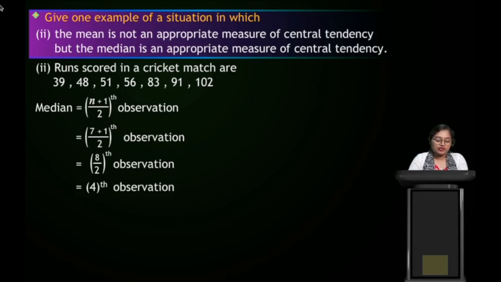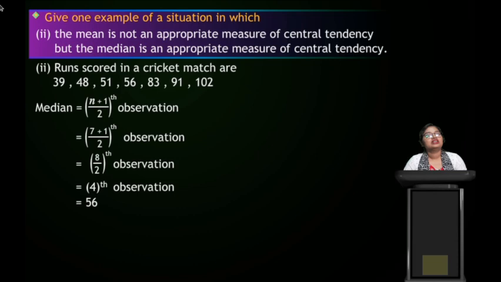What is the value of the 4th observation in this data, children? Yes, as you can see here, 56 is the 4th observation. So the median value for this will be 56.